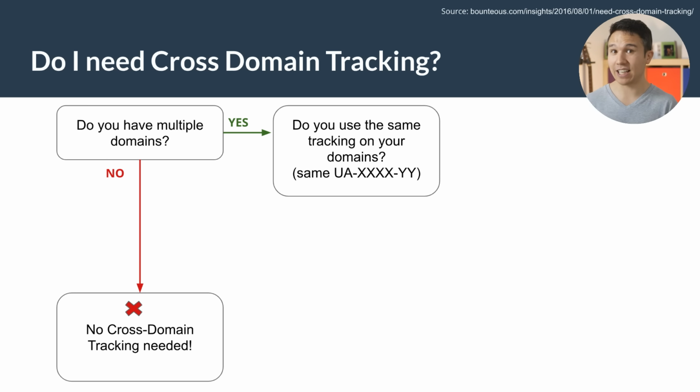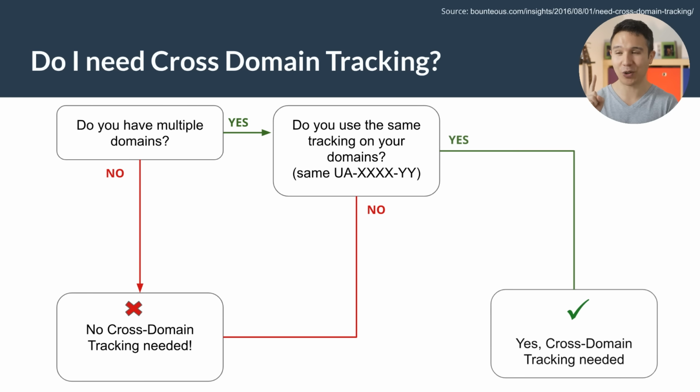If this is not the case and you are sending data to 2 separate Google Analytics accounts, so you have 2 separate domains and you have 2 separate Google Analytics installations, then no, you don't need cross-domain tracking because you are not connecting these accounts to one user in the same Google Analytics account. But if you want to send this to one account and one account only, then yes, you might need to install cross-domain tracking.